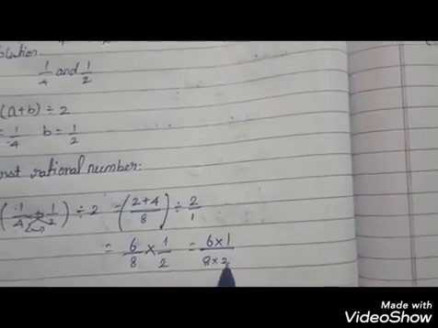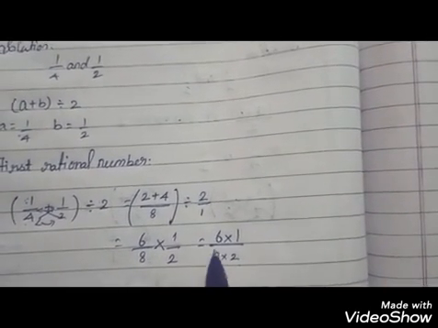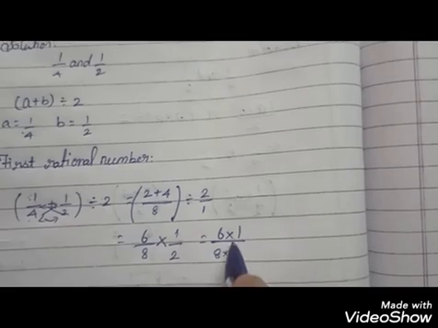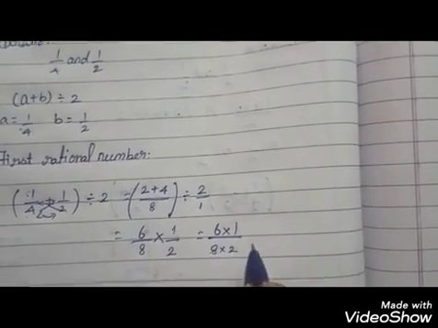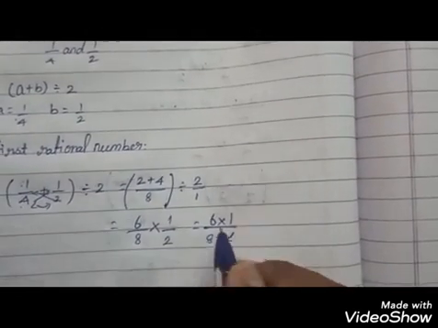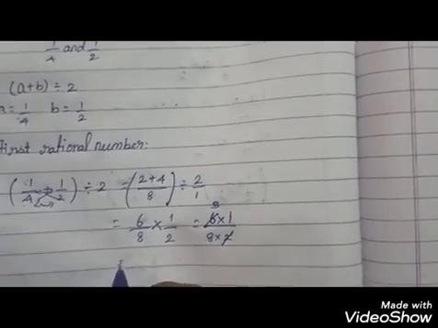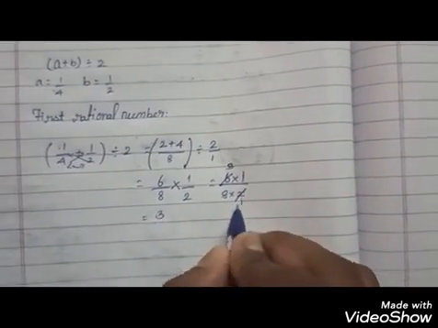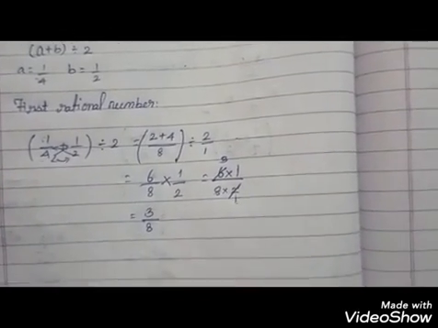Already I told you, compare the denominator with the numerator and cancel, otherwise compare the numerator with the denominator. Here 8 and 6, otherwise 2 and 6. So I take 2 and 6: 1 two is 2, 3 twos are 6, the remaining is 3 into 1, 3, and then 8 into 1, 8. The first rational number is 3/8.